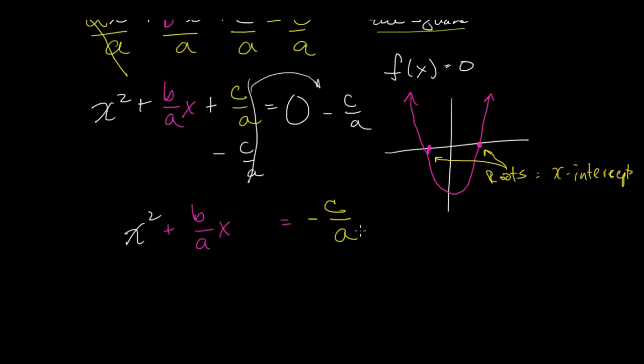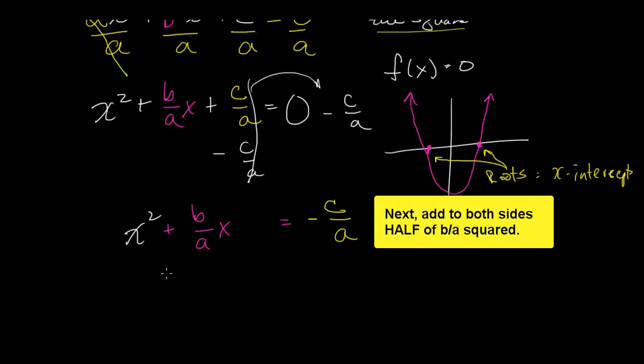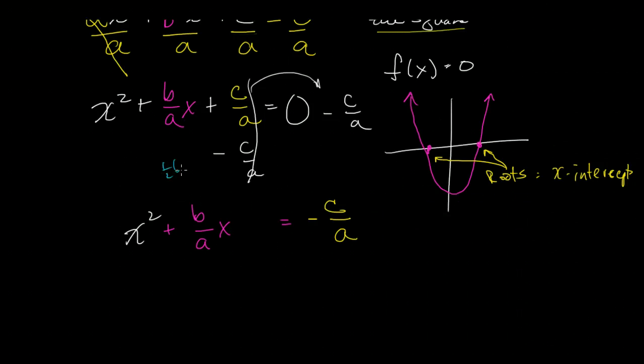Now, in order to complete the square, since I have only x terms on this side, I have to take half of my b term. Remember, you have to take half the b term and then square it. So if my b coefficient is b over a, and I take half of that, then that would be b over 2a.